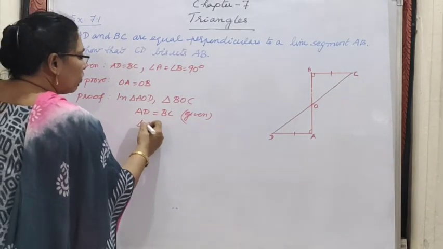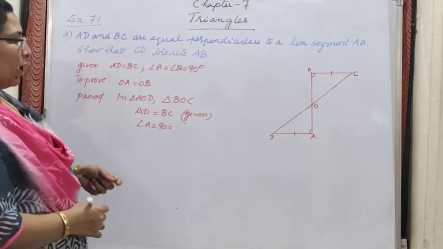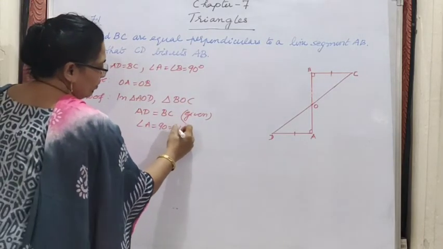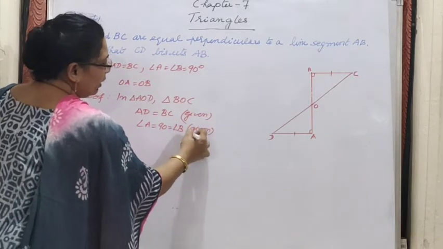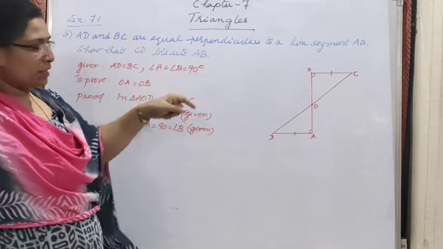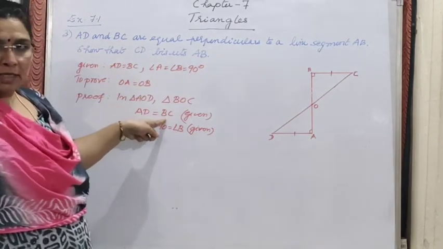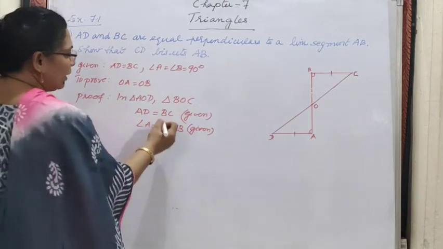Now what is the next one? Angle A equal to 90. So which is from the BOC? Angle B. That is also given. So this is from the statement only, that is AD and BC are equal perpendiculars. So we have got AD and BC are equal, and also angle A and angle B are equal to 90 degree.